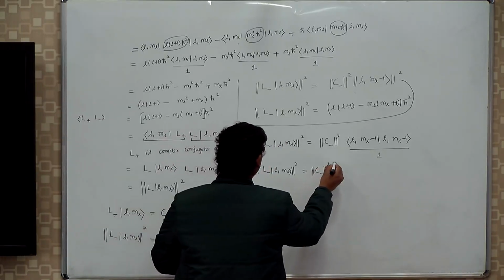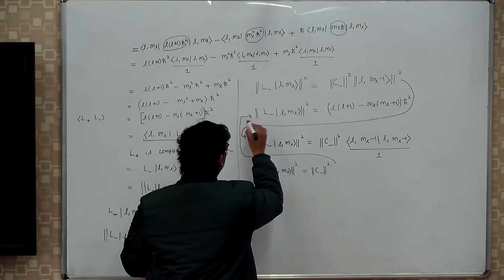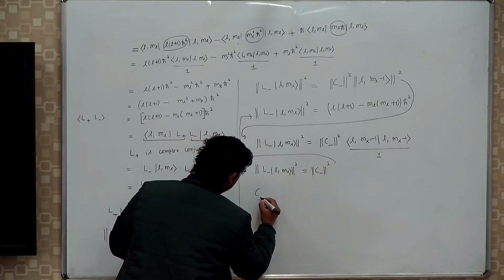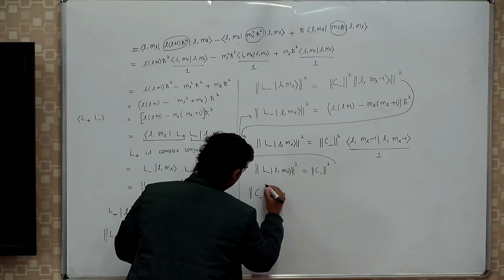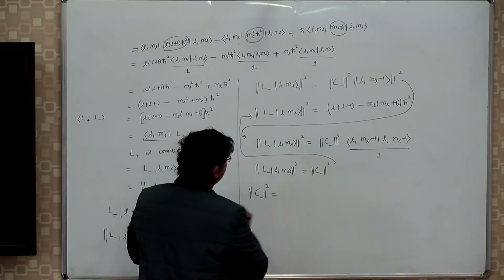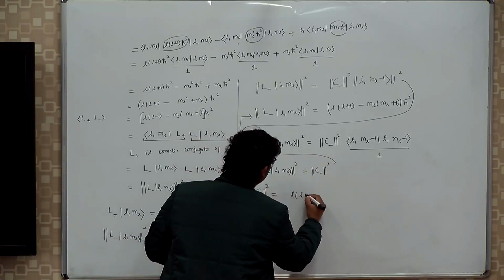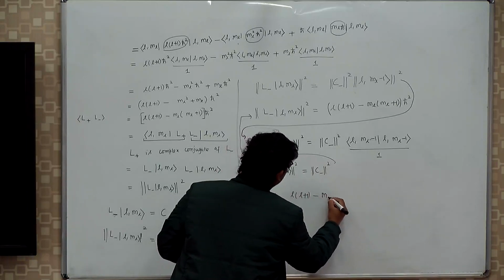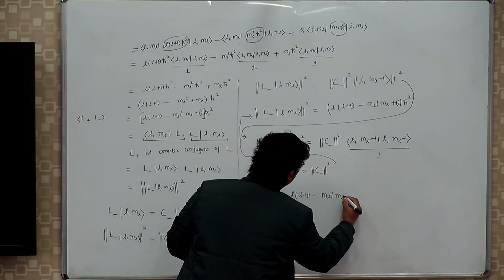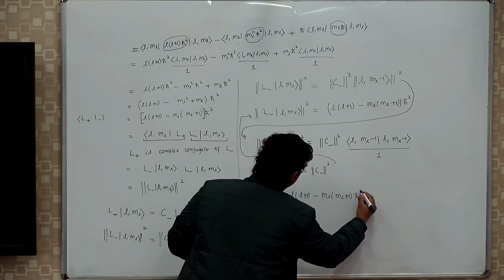If we feed this value from here to here, then we can write C minus determinant square is nothing but L into L plus 1 minus m L of m L plus 1 h cross squared.